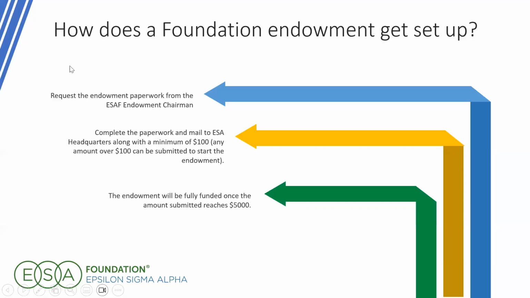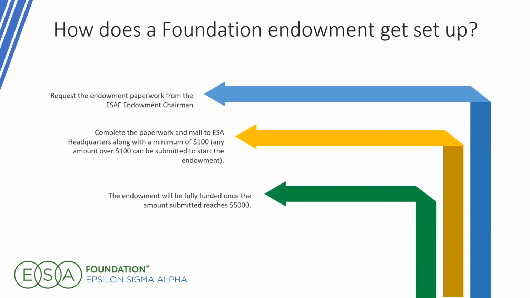So how does a foundation endowment get set up? Well, it's a simple process, actually. First of all, if someone is interested in establishing an endowment, they simply request the endowment paperwork from the foundation endowment chairman. Then that paperwork gets completed with the name of what they want to call the endowment and some other details about the endowment itself.